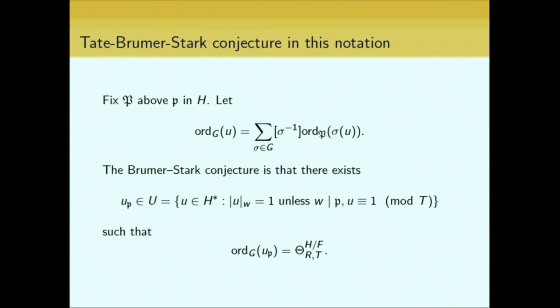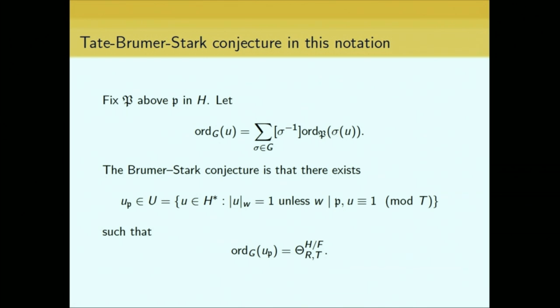And the Brumer-Stark conjecture is just that there exists a unit in this unit group that I described earlier, absolute value 1 at all places not above P, whose valuations are given by this theta element, the Stickelberger element. That was the Brumer-Stark conjecture that I stated. So I'm stating it in this integral group ring notation, but this is the exact same conjecture that I stated earlier.